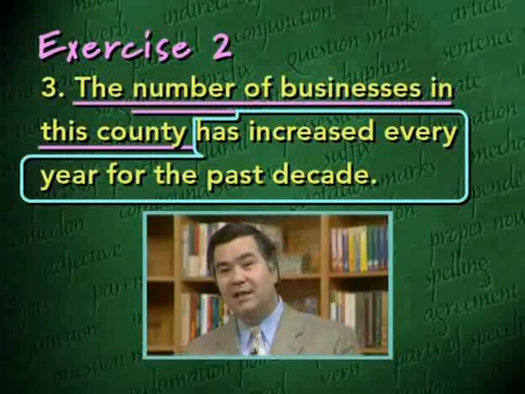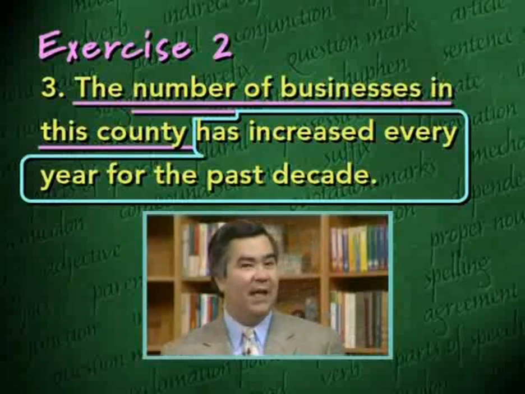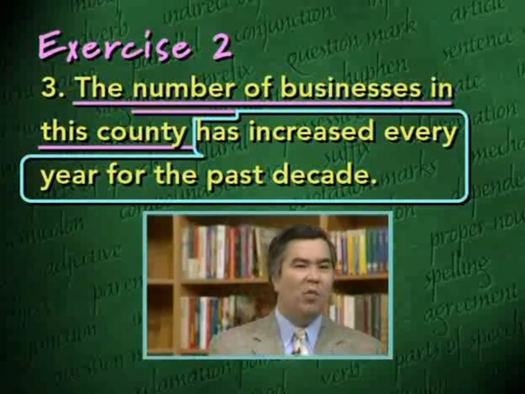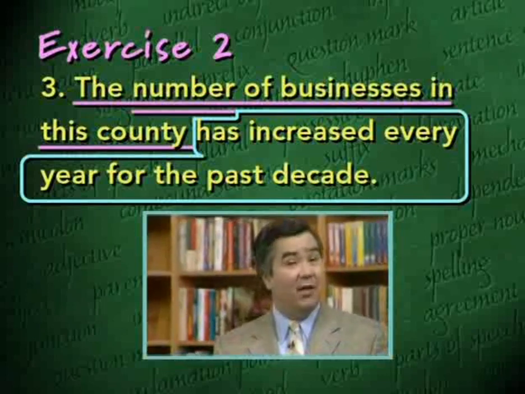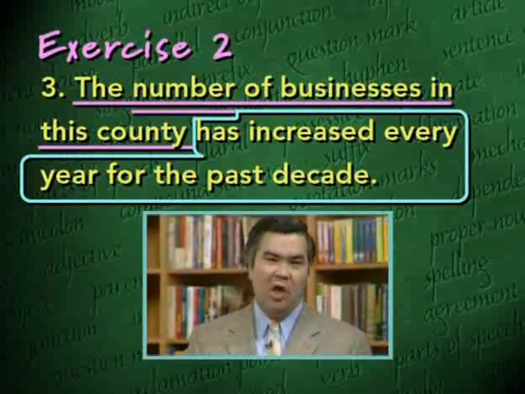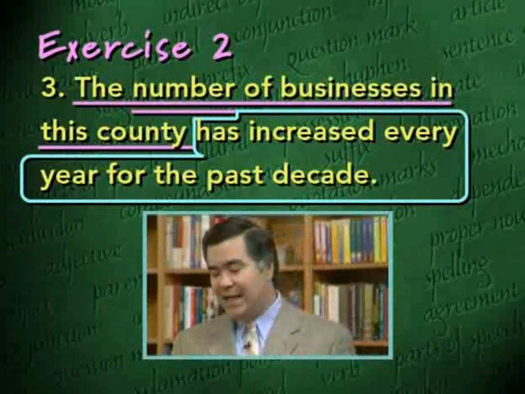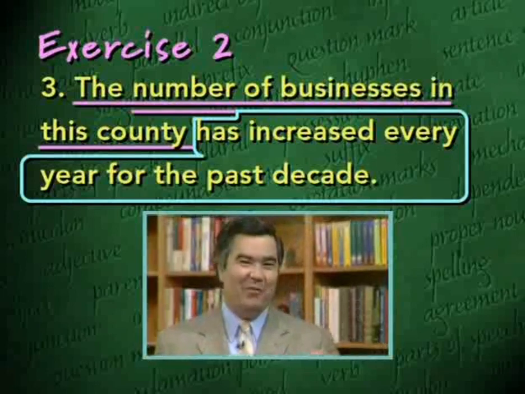Now, looking at this sentence, what has increased every year for the past decade? In other words, what does the predicate refer to? What is it that has increased every year for the past decade? Is it the county that has increased? No, the county hasn't increased. Is it businesses has increased? No, not really. What has increased is the number of businesses.